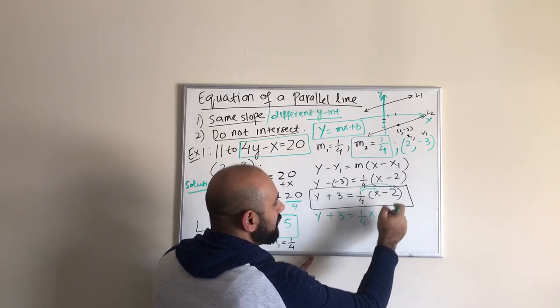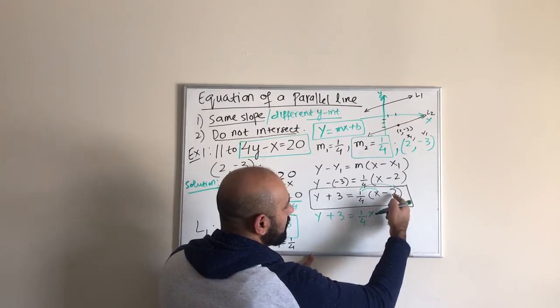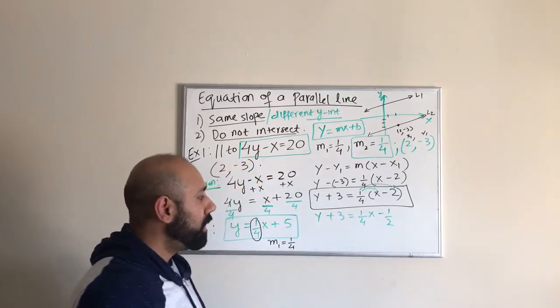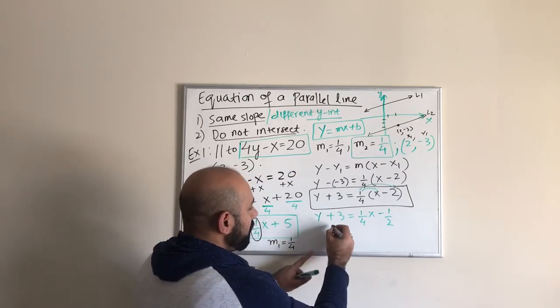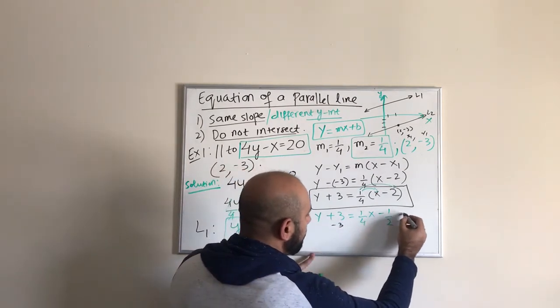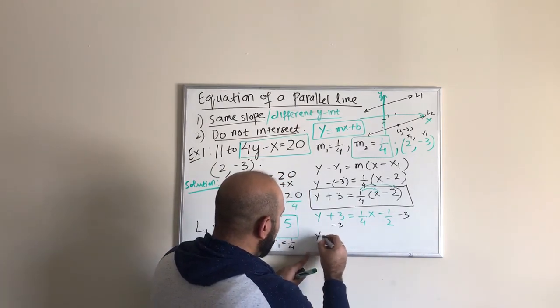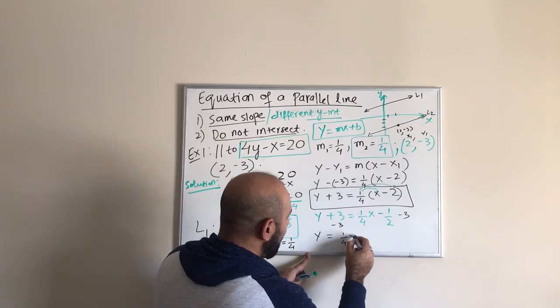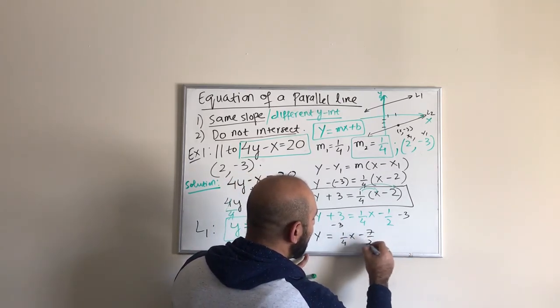And 1/4 times -2 is going to be what? -1/2, because the 2 and 4 cross out. And then to get y by itself, you have to subtract 3 from both sides. And it's going to be y equals 1/4 x minus, and if we combine these two, it's going to be -7/2.